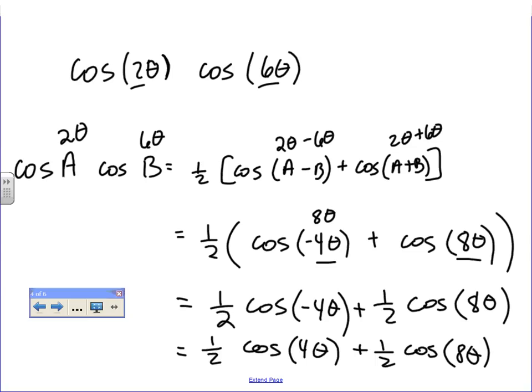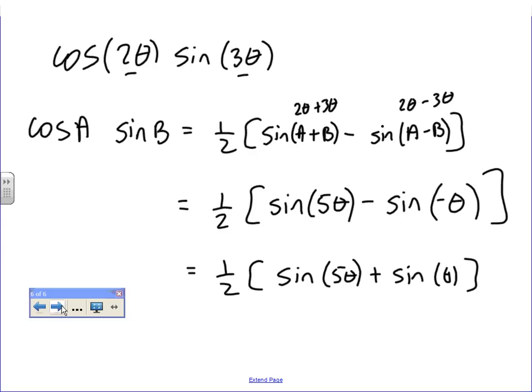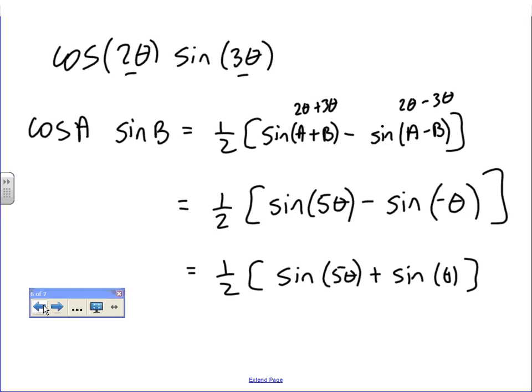It kind of hit me when I was doing that problem that this one needed one more step. Okay, now let's move on from those. Let's see if I did them all there. Yep, that's it. Okay, now let's see if we can go the other way.